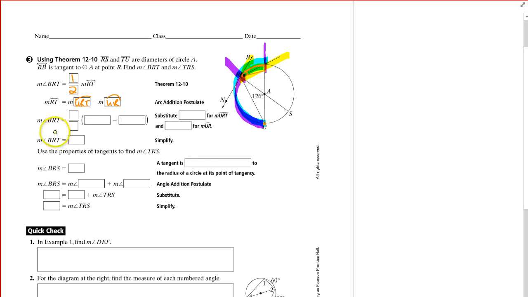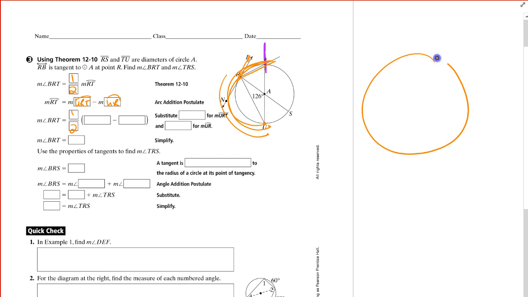And now BRT should be half of, oh, well wait a minute, if this arc came from this entire thing, take away this entire thing, what do I really have?